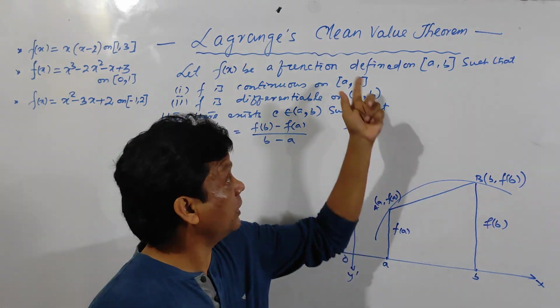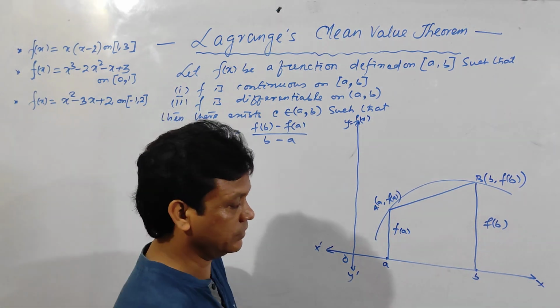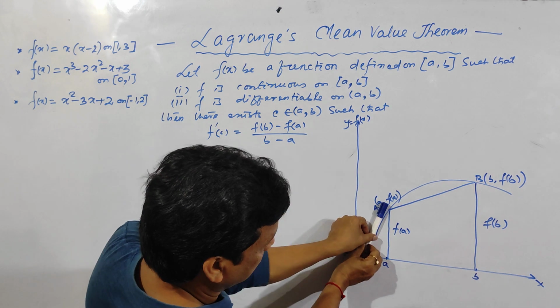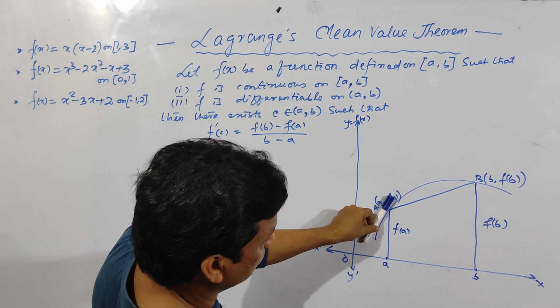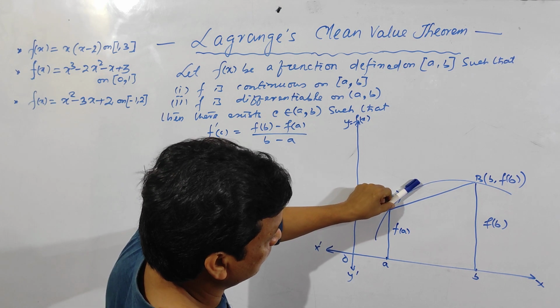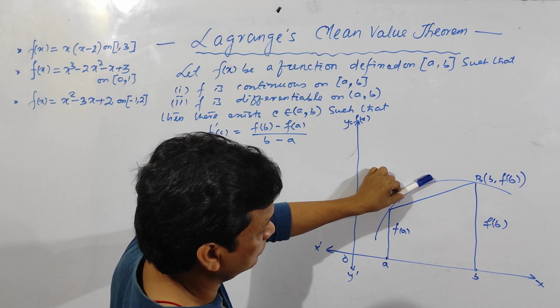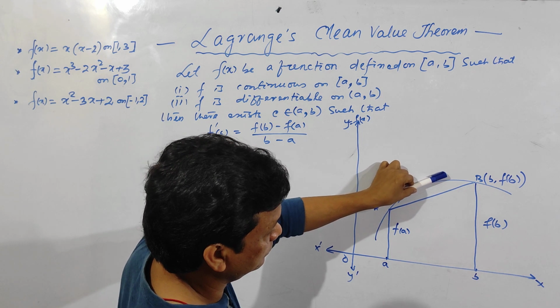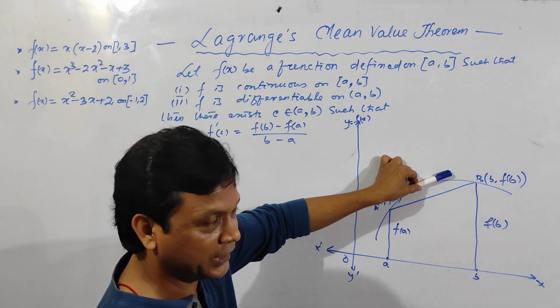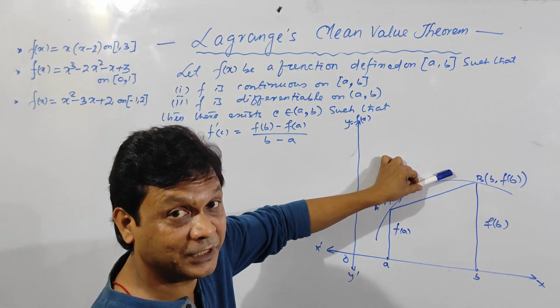So what is the geometrical meaning of the Lagrange mean value theorem? Let us see here. I am taking this one, the tangent to the curve, and I am moving the tangent along the curve. See here, at this point the tangent is parallel to the chord AB. Clear?